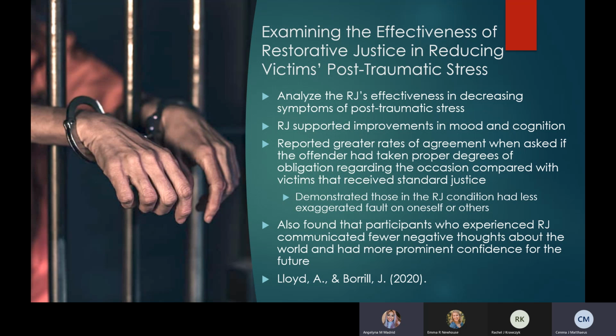This result demonstrated those in the restorative justice condition had less exaggerated fault on themselves or others for the criminal incident. The same study also found that participants who experienced restorative justice communicated fewer negative thoughts about the world and had more prominent confidence for the future.